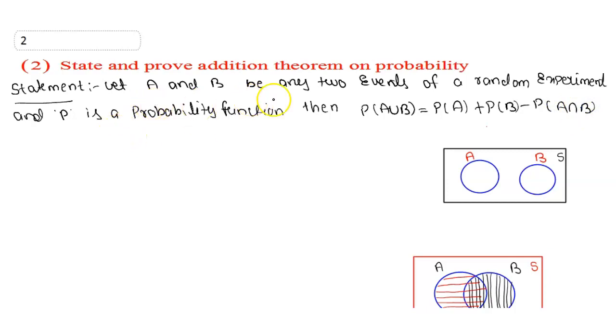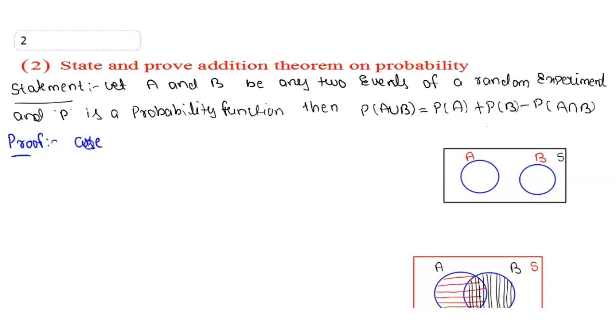Let A and B be any two events of a random experiment and P is a probability function. Then P of A union B is equal to P of A plus P of B minus P of A intersection B. In this condition, two cases arise here.